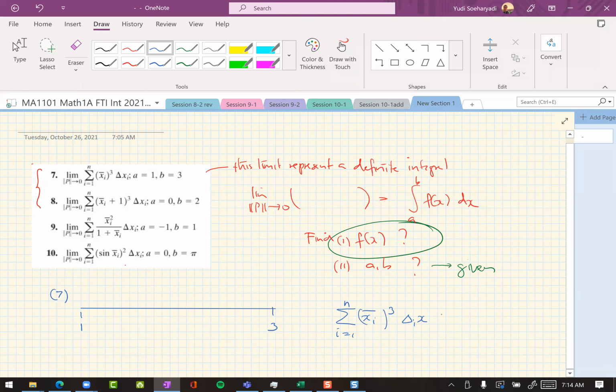So this tells you it divides into n subpartitions.